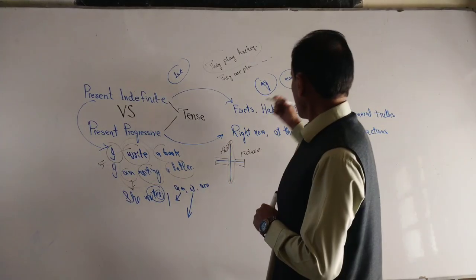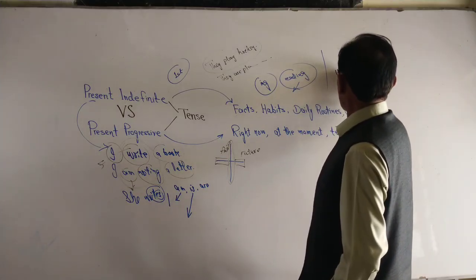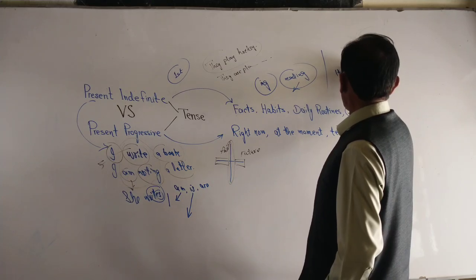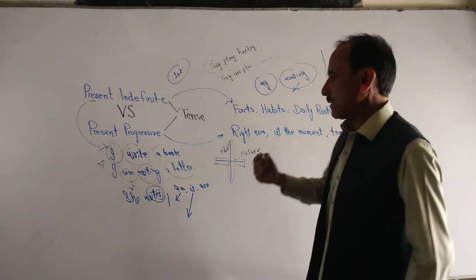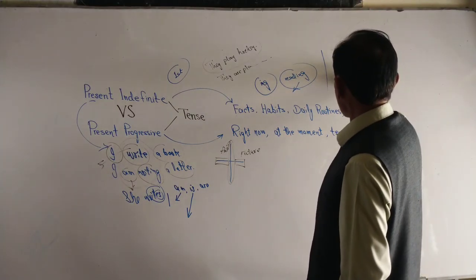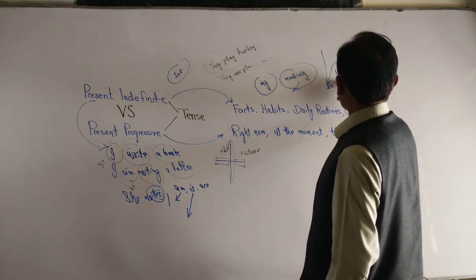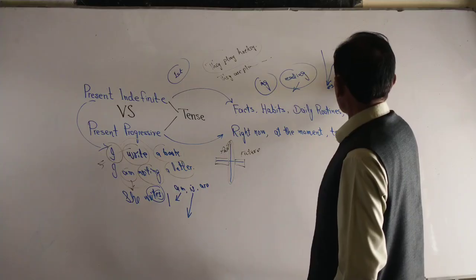For example, here is another formula. It walks. It works. We add only s. With some words in base form, we can add s or es. For example, he walks, or it walks.